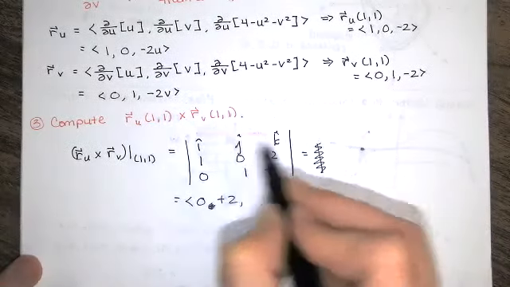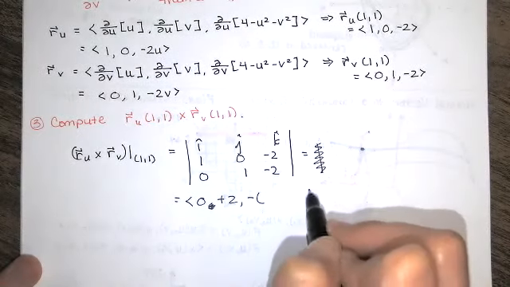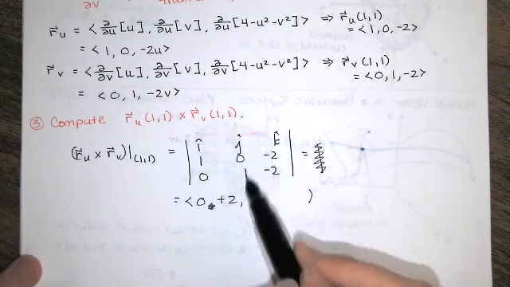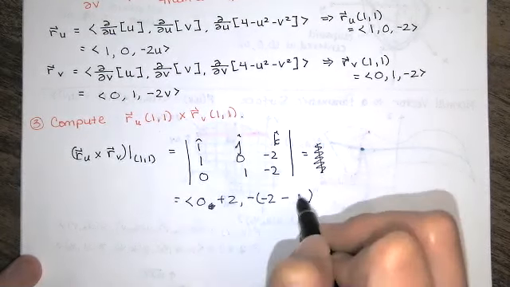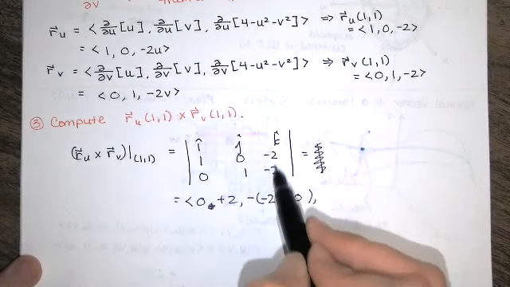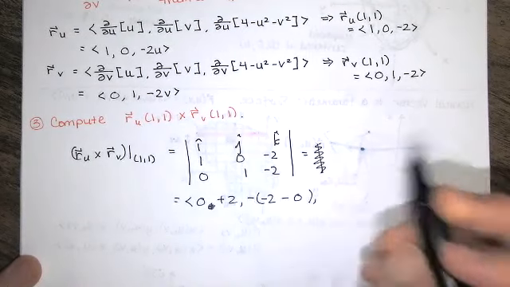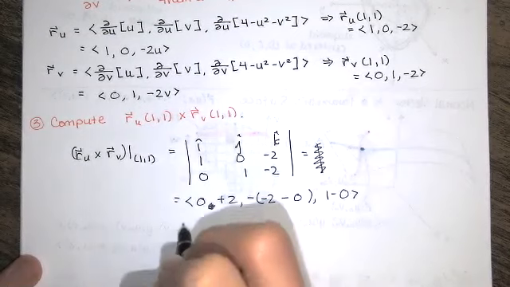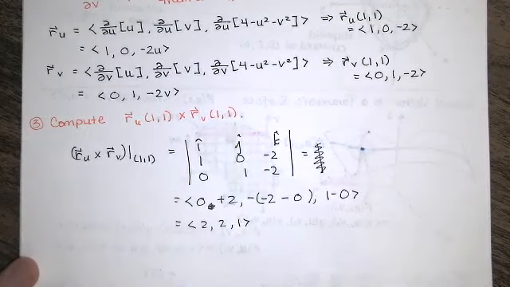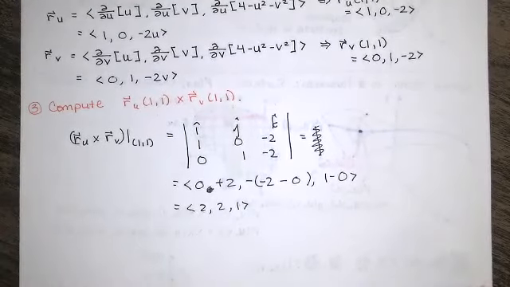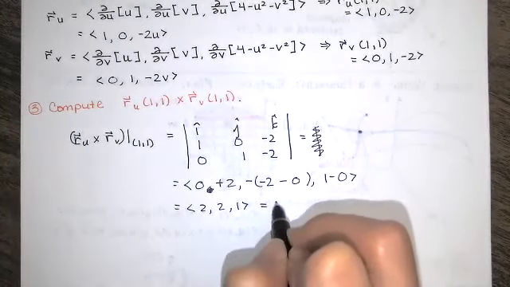It's +2. Cross out that row and that column, get a negative there. Then we have a -2 minus 0. Cross out this row and this column, and we have a 1 minus 0 there. So we get 2, 2, 1. Okay, small integers, that's great.